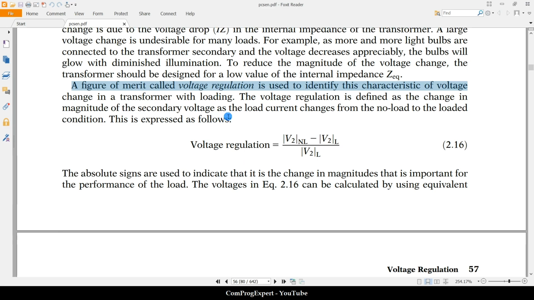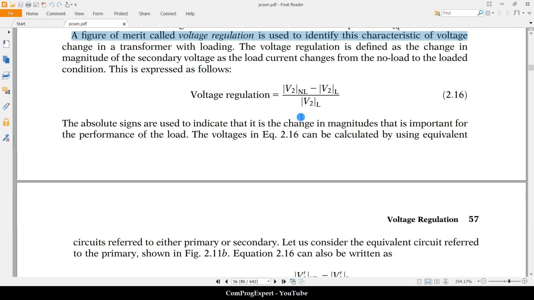The voltage regulation is defined as follows. The amplitude of V2 for the no load condition minus the amplitude of V2 for the loaded case, divided by the amplitude of V2 for the loaded case when we have a load at the secondary.